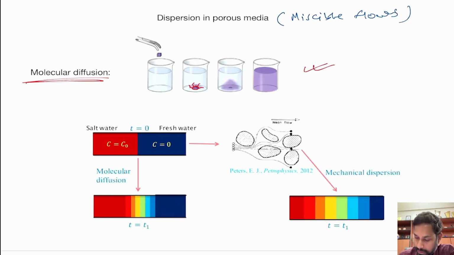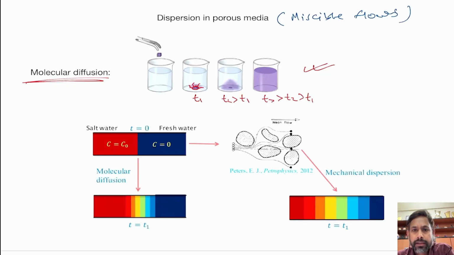If this is time t1, this is t2 greater than t1, this is t3 greater than t2. If you give it more time, slowly this sugar mixes in water completely. Even if you don't mix it, it will mix spontaneously by itself, and that process is called molecular diffusion.